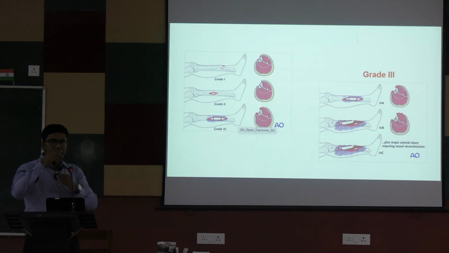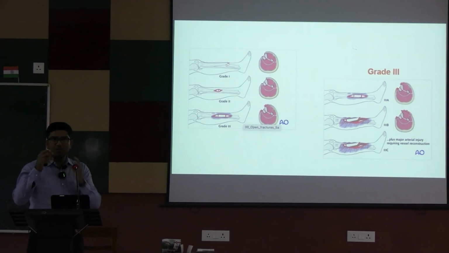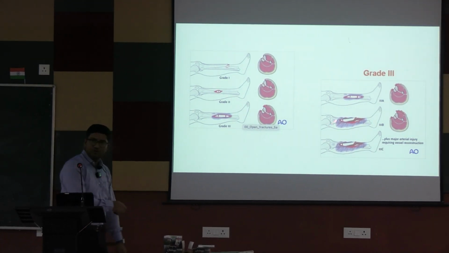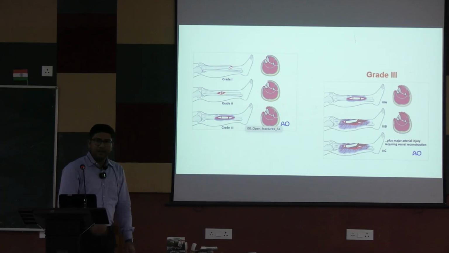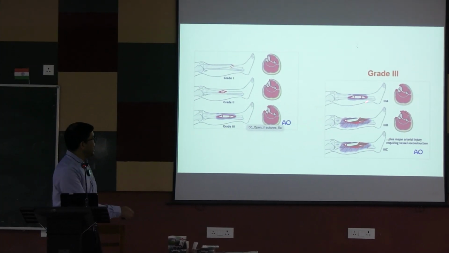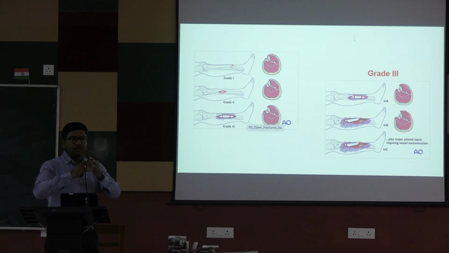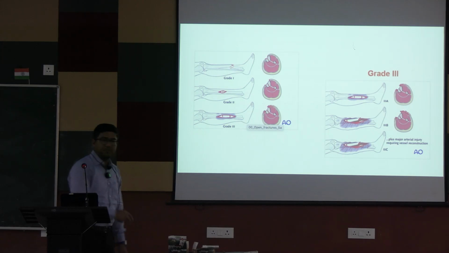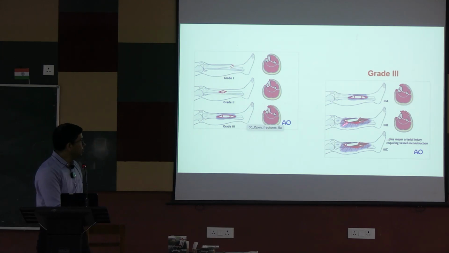So a simple rule to remember is, if the periosteum is exposed, that means 3B. If the vessel is injured, that means 3C. Okay. So 3A, higher energy injury, tissue is injured but bone is covered, not fully exposed. Once the bone is exposed, that means the periosteum has been damaged, that goes to 3B, right.